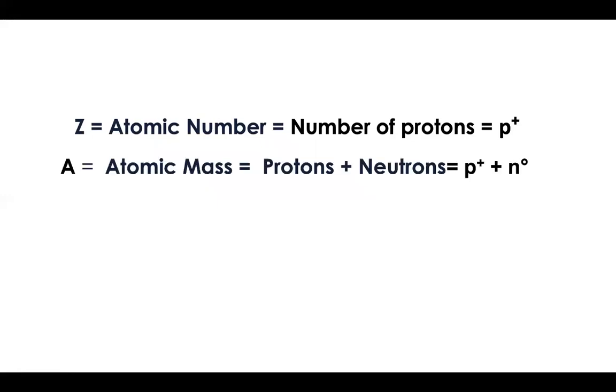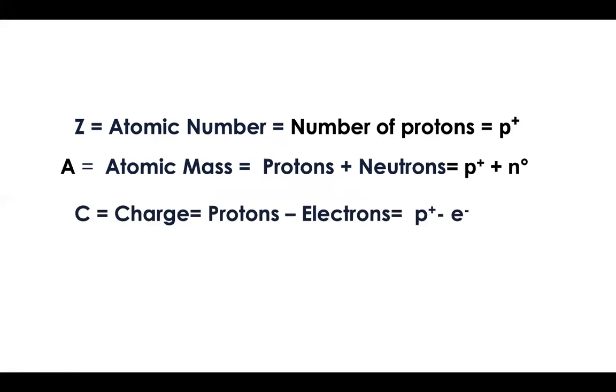Okay, A, capital A, is the atomic mass, and it's going to be equal to the number of particles that we have in the nucleus, okay? Remember that in the nucleus we have protons plus neutrons, okay? So P positive plus N0. And finally, the charge is going to be equal to the protons minus the electrons, okay?